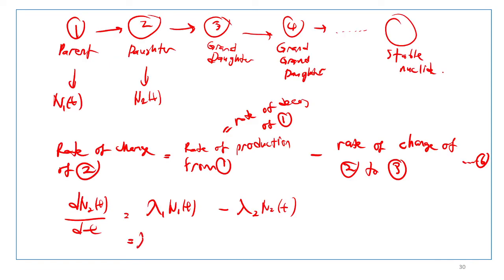So lambda 1 N1(0) exponential minus lambda 1 t, minus lambda 2 N2(t).